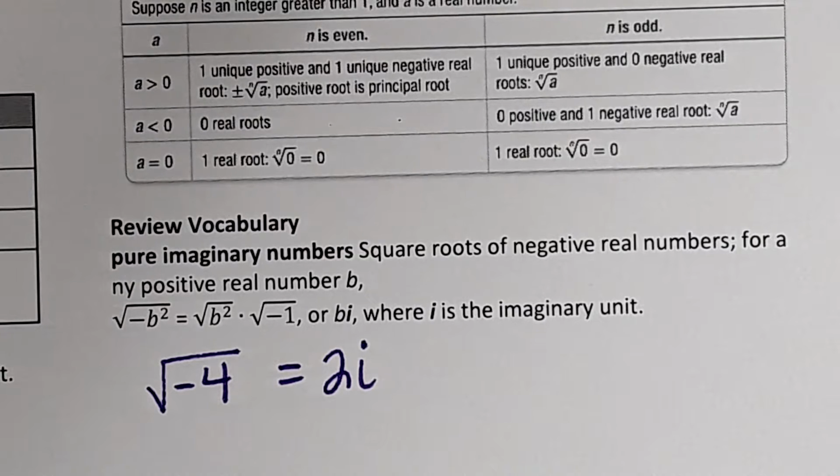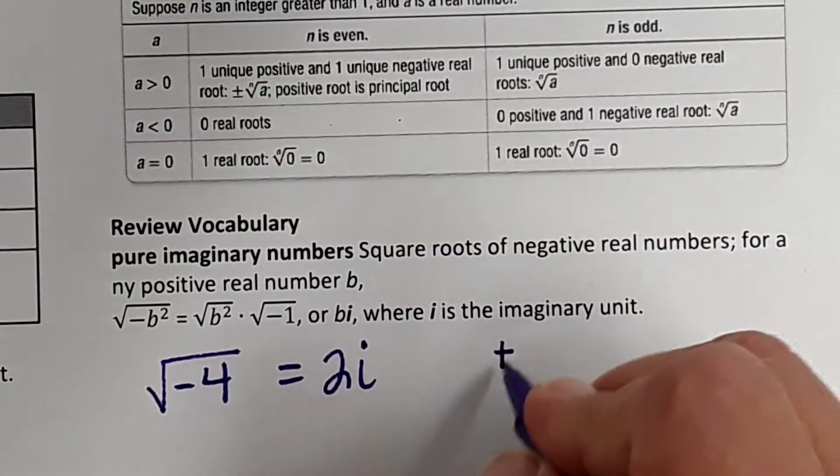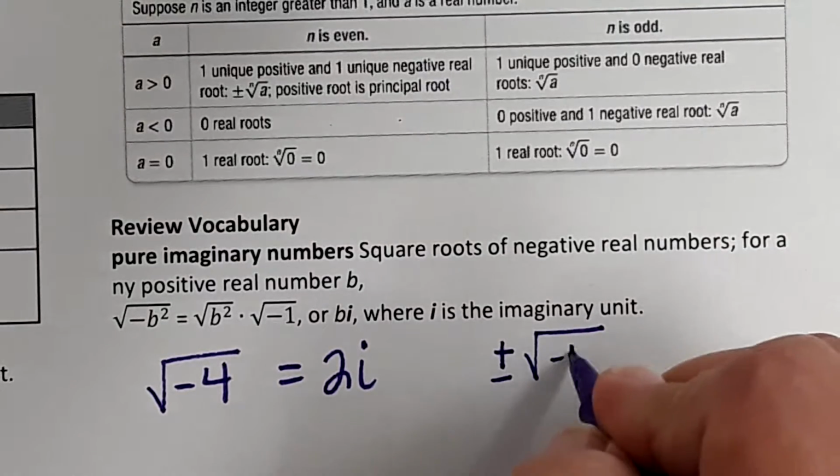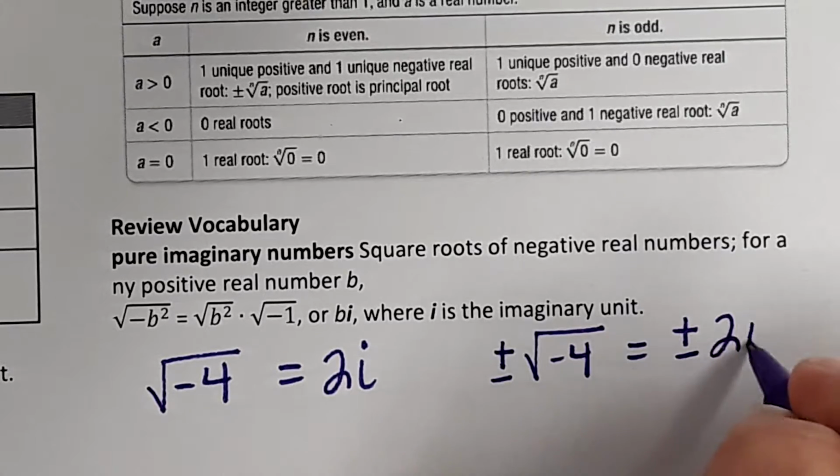You also need to think about principal square roots. The principal square root is the one that we're always going to find, unless it tells you differently. So right here, that's the principal square root. If I put a plus or minus in front, that means you would put plus or minus 2i.